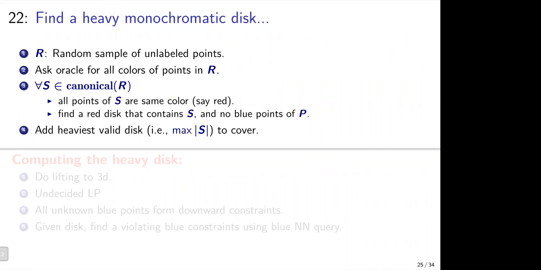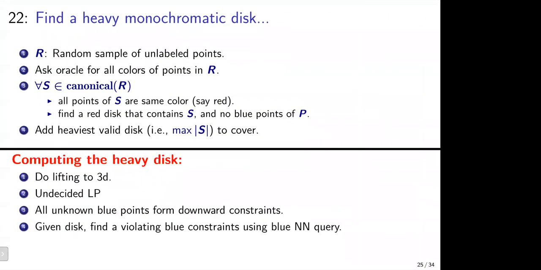Now you just go over all the canonical subsets of R. And for each subset that is canonical and is heavy, we try to find a red disk that is consistent with it and doesn't contain any blue points of the original input, and we return the heaviest such disk. Okay, so that's the basic algorithm. It's just a greedy algorithm for set cover with the twist that we need to worry about this red-blue issue.